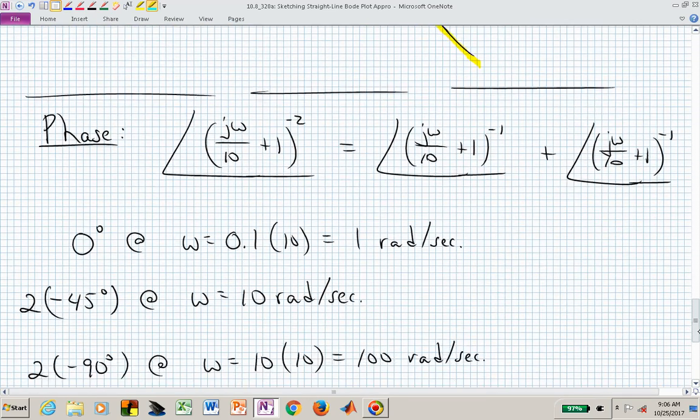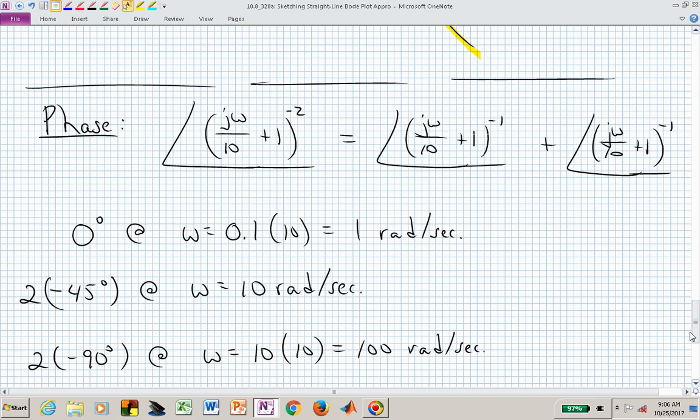And I like to just write those 3 points down. We know at a decade before the break frequency, or 0.1 times the natural frequency, which in this case is 1 radian per second, we are at 0 degrees.